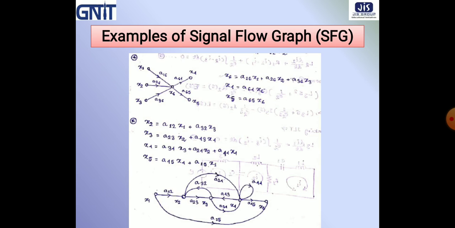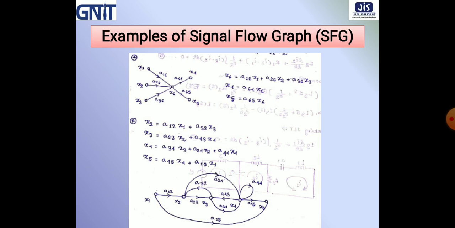Now if we see this diagram, one more thing: the value of SFG at a point is the value of all incoming signals, not the outgoing signals. Summation of all incoming signals, not the summation of outgoing signals. We will not consider the outgoing signals in the calculation of the value of a signal flow graph.